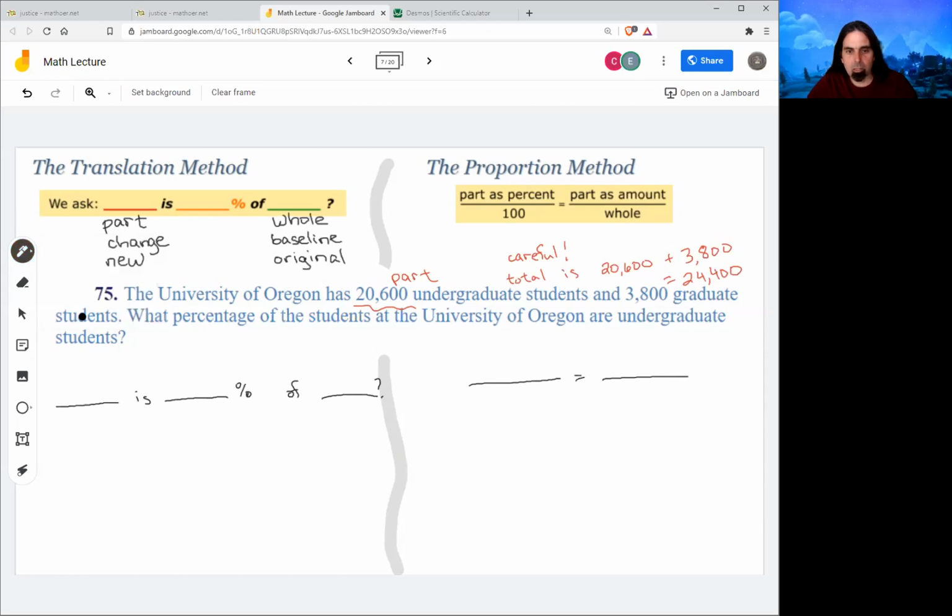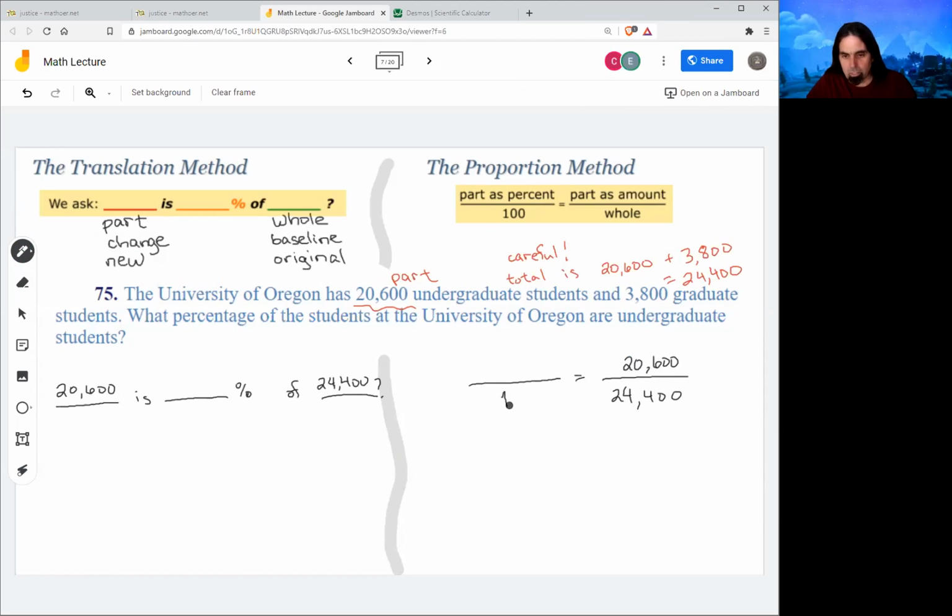Okay, now we're ready to plug things in. So the part we said is the 20,600. That goes in the part spot as a number. The whole is the 24,400. That goes in the whole spot as a number, whichever way you like writing it.